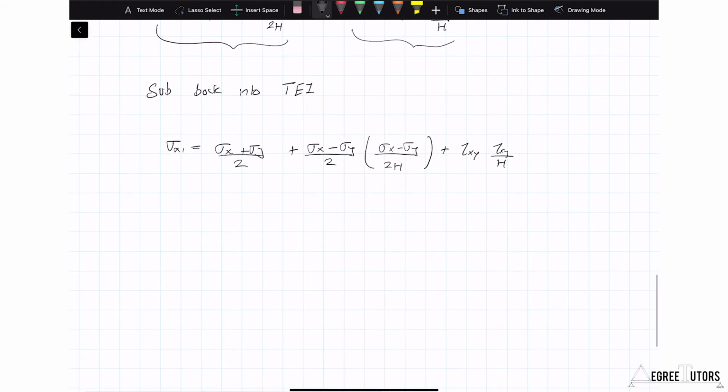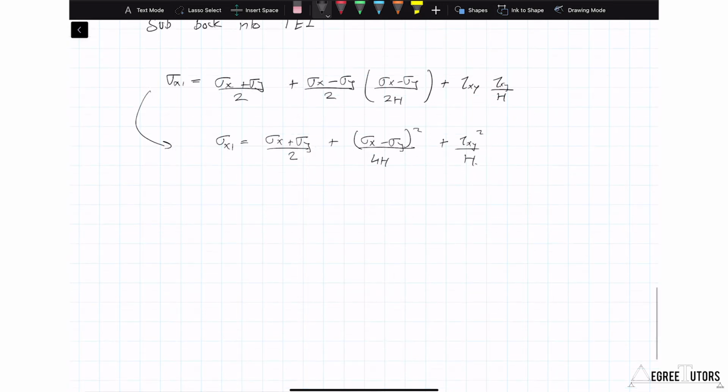Right, do another little bit of simplification here. So we'll just say simplify. So what do we end up with? Sigma x1 is equal to, now let's do another round of simplifying. We're going to get the following: sigma x plus sigma y over 2. Take the h out, so we're going to get plus 1 over h. Now when you take the h out, what you're left with is this: sigma x minus sigma y squared over 4 plus tau xy squared.